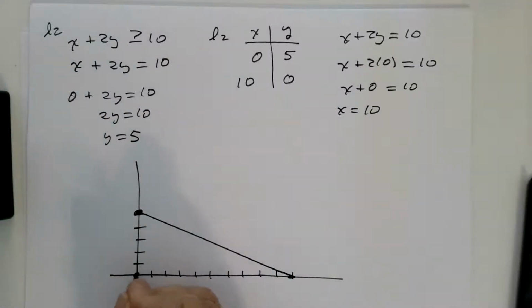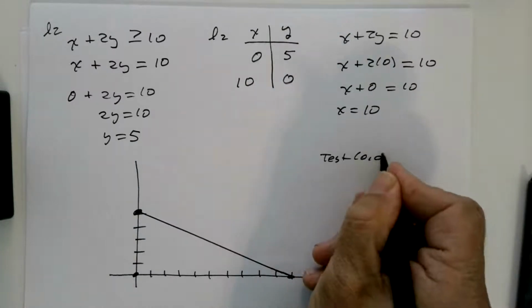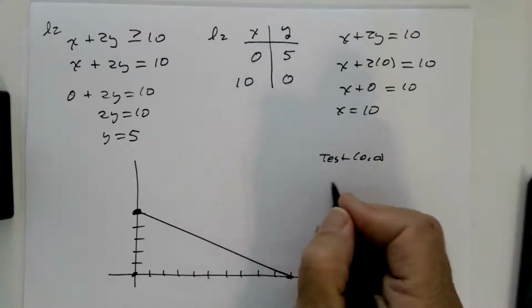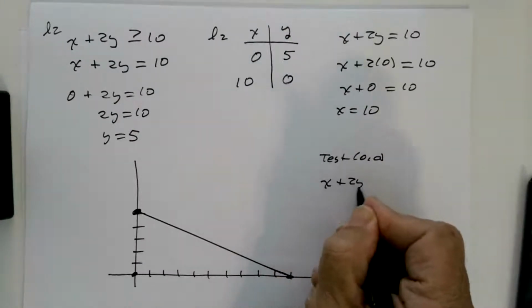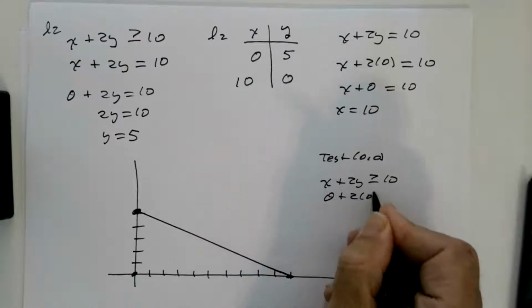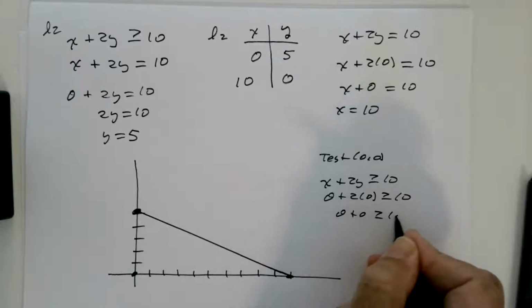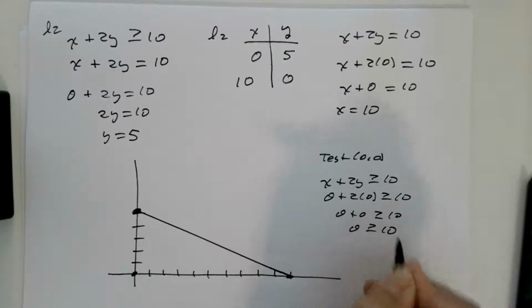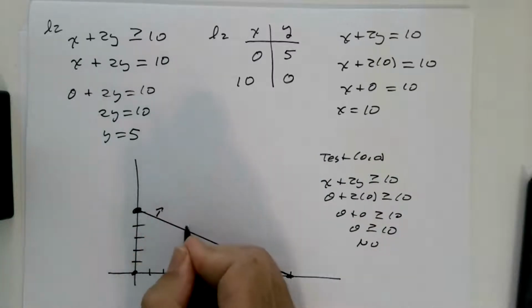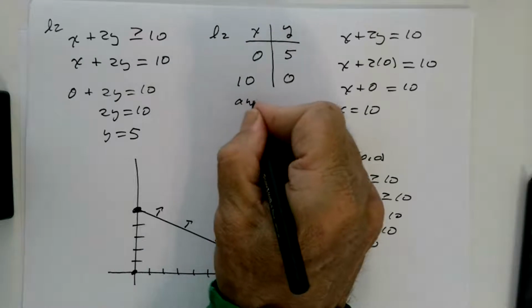Here's my point 0, 0, so we're going to test 0, 0. Our original is x plus 2y greater or equal to 10. So 0 plus 2 times 0 greater or equal 10. 0 greater or equal 10. No. So we're not shading towards 0, 0. Again, we are shading away from 0, 0.